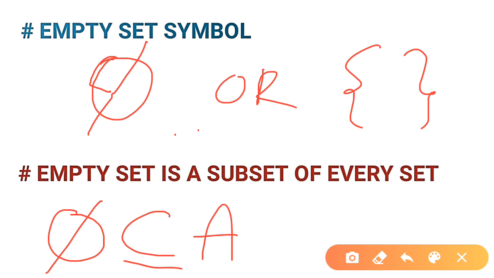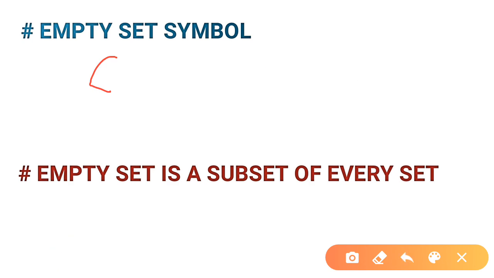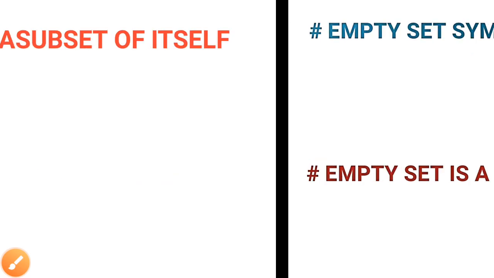So the empty set is a subset of every set. The next one is also one statement. It is also most important.